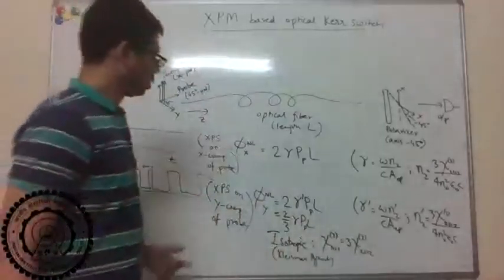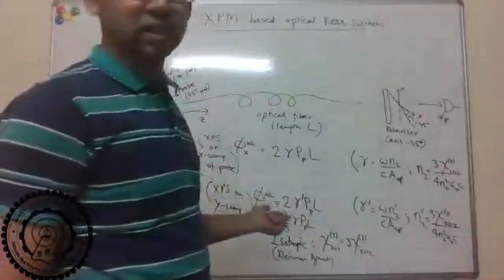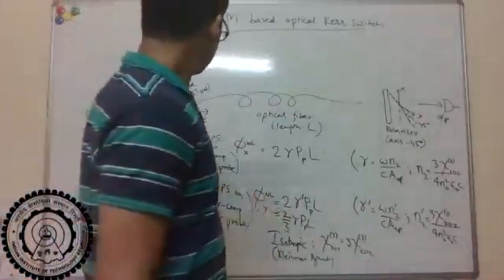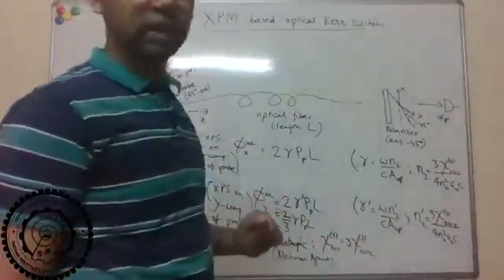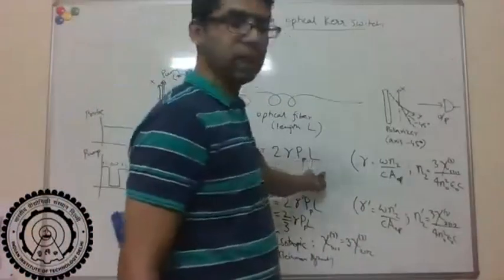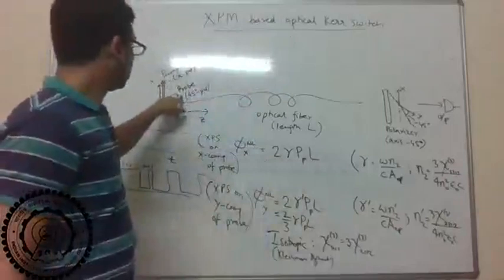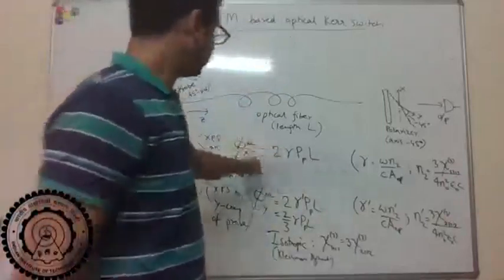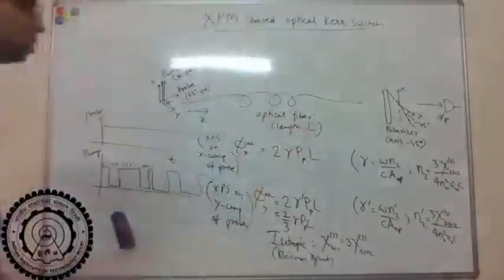So then we know, of course, there would be additional nonlinear phase shifts, right? For example, there would be self-phase modulation of the probe on itself, which will go as gamma P probe L, but we are saying that pump power is much larger than probe power, so the cross phase shift is much larger than the self phase shift, so we neglect self phase shift. Okay.